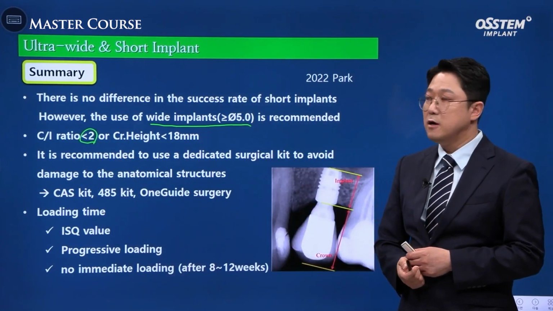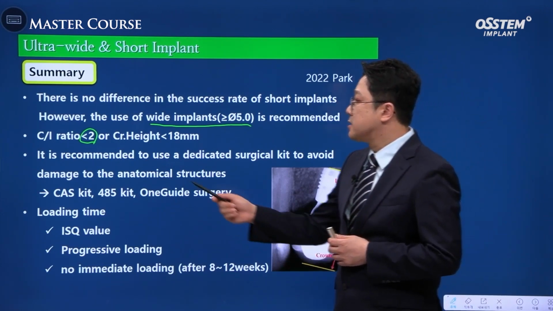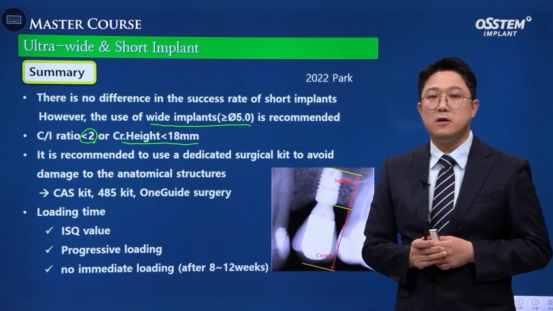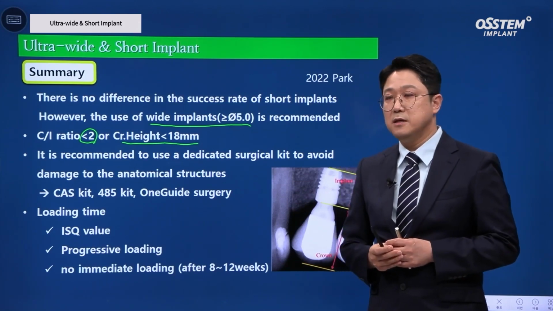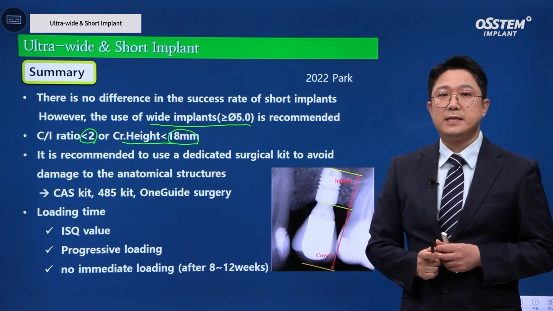The ratio is important, but more than that, the crown height is very important. Depending on literature, it may be 17 millimeter or 18 millimeter, but the crown height should be less than 18 millimeter.